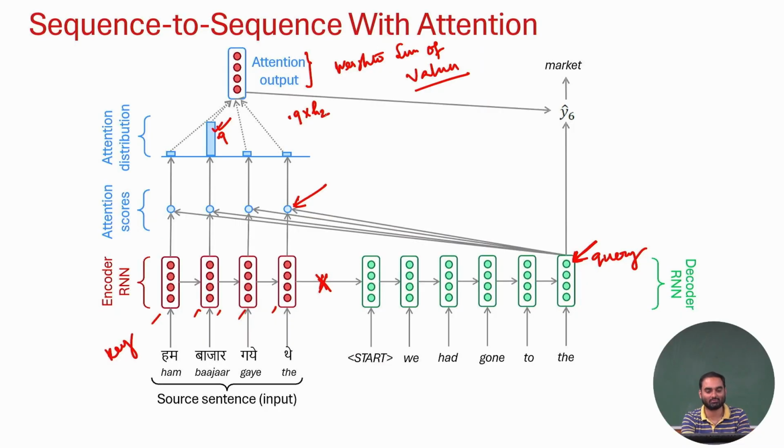Only one given state. So you will take 0.9 into H2. Then you don't have access to other representations, right?